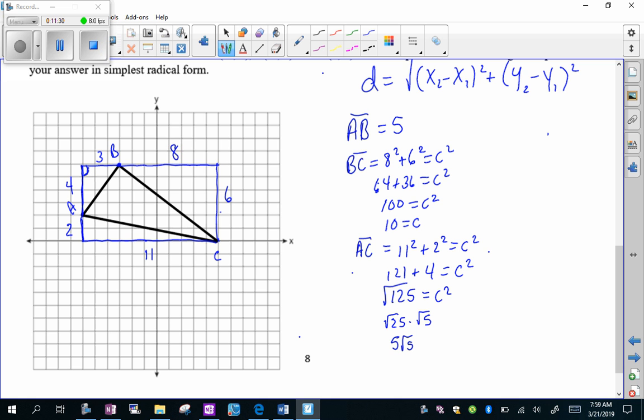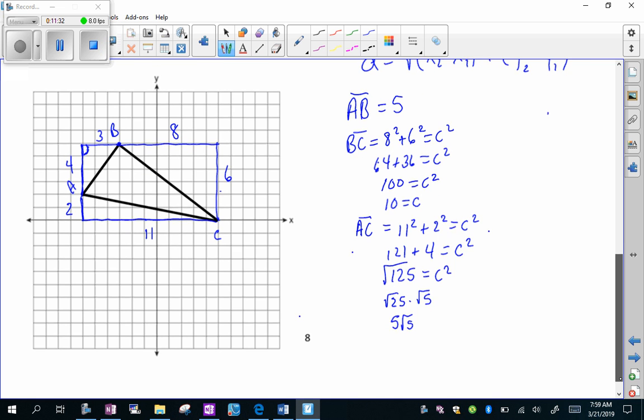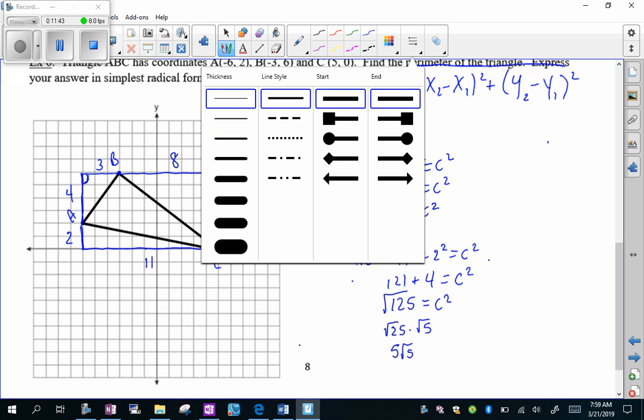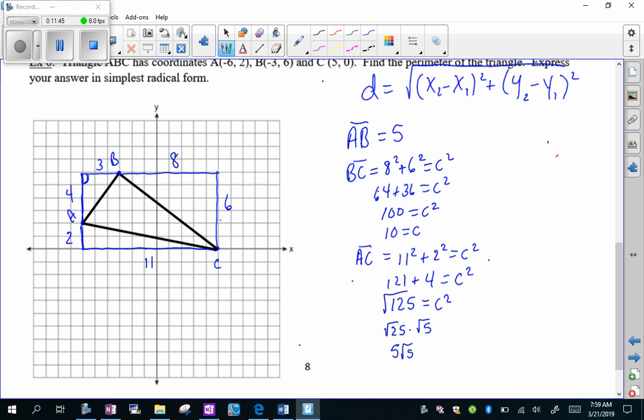Okay, now my finishing piece is I'm going to add the 3 sides. So I'm going to use a different color here. I'm going to have the perimeter equals 5 plus 10 plus 5 square root of 5.